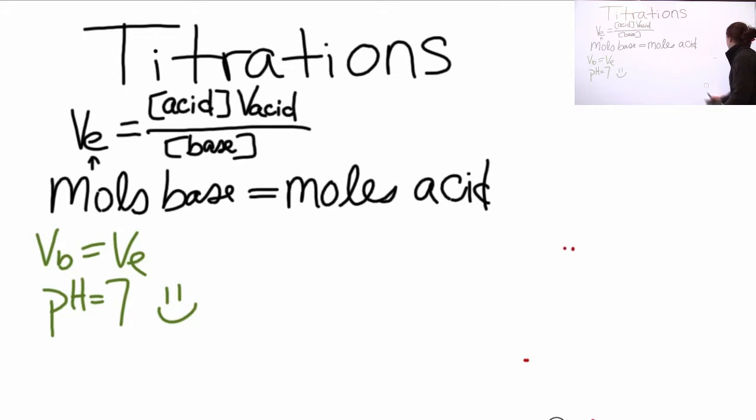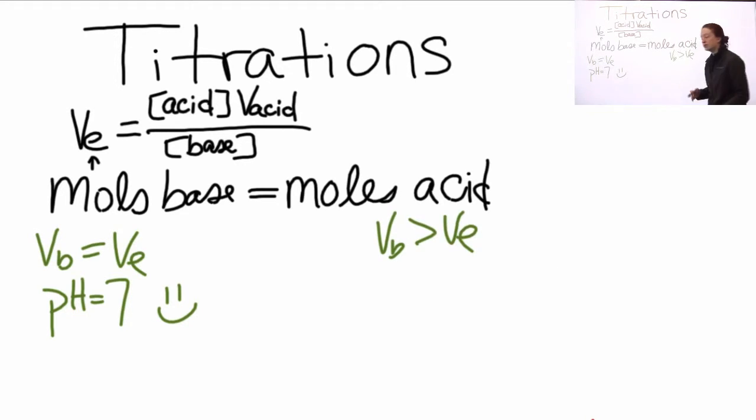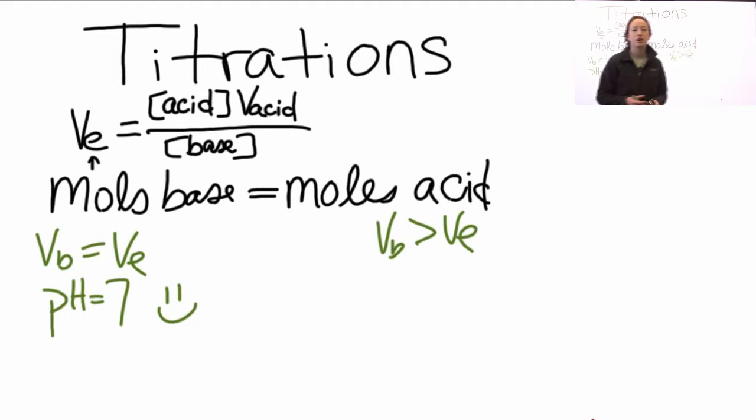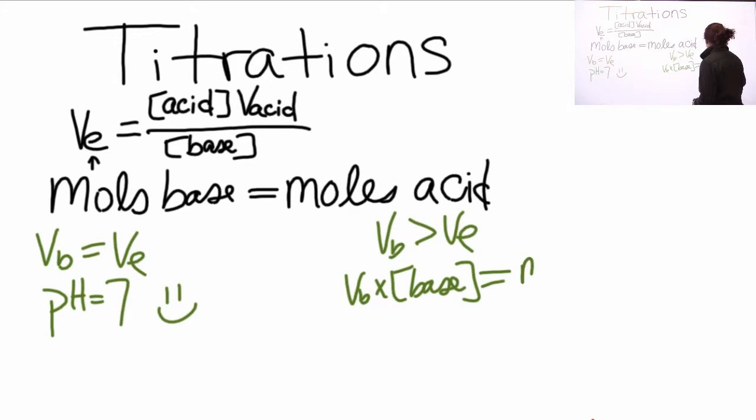So the last situation that you'll encounter is if your volume of base is greater than your volume equivalence. So this is very similar to when your volume was less than your equivalence volume, except instead of calculating your unreacted moles of acid, you're going to calculate your unreacted moles of base. So again, you're going to take your volume of base times concentration, and that'll get you some moles of base.